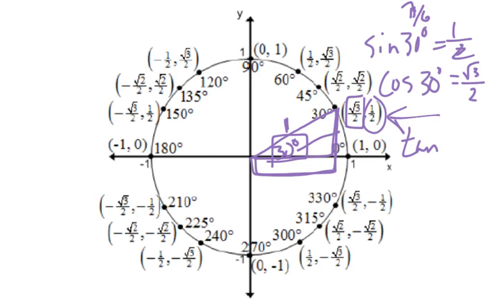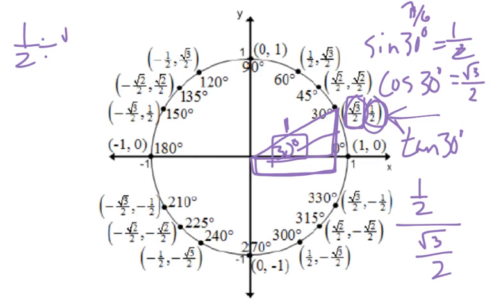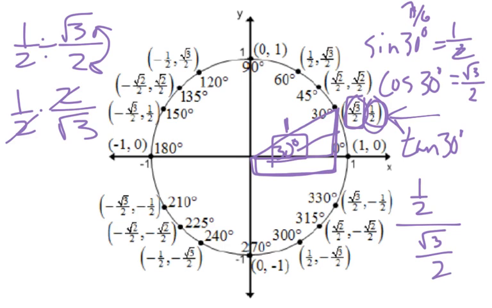Okay, the tangent of 30. Well, that one's the y value over the x value, so 1/2 over square root of 3 over 2. Well, 1/2 divided by square root of 3 over 2, you get the reciprocal, and then you multiply. The 2's cancel out. 1 over square root of 3, can't have that.